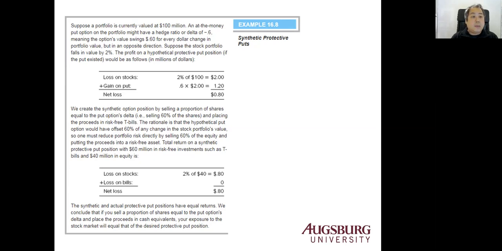Suppose the stock portfolio falls in value by 2%, what is the profit of the hypothetical protective put? The protective put is, as you know, the stock plus the put option, right? Let's say the stock value dropped by 2%, which means you lose 2% of 100 million, so a $2 million loss, right?